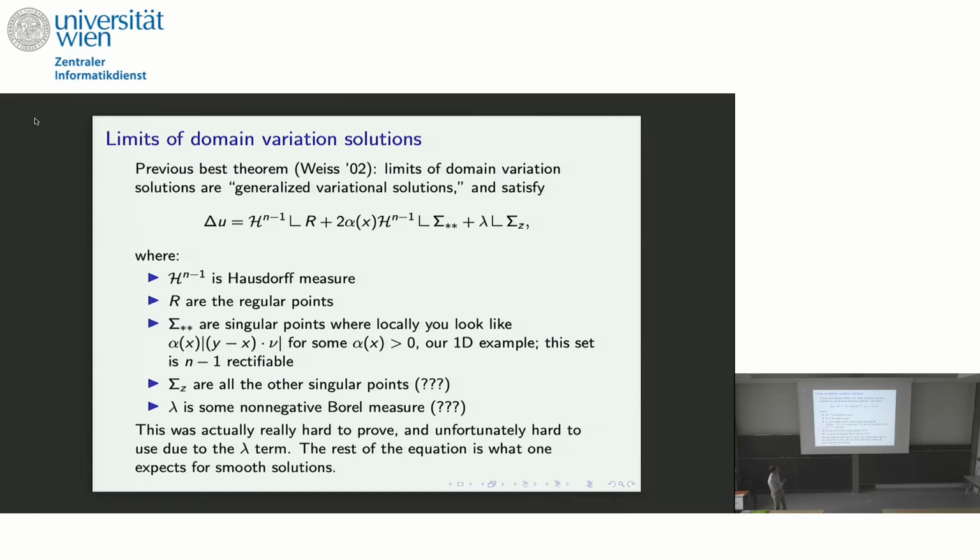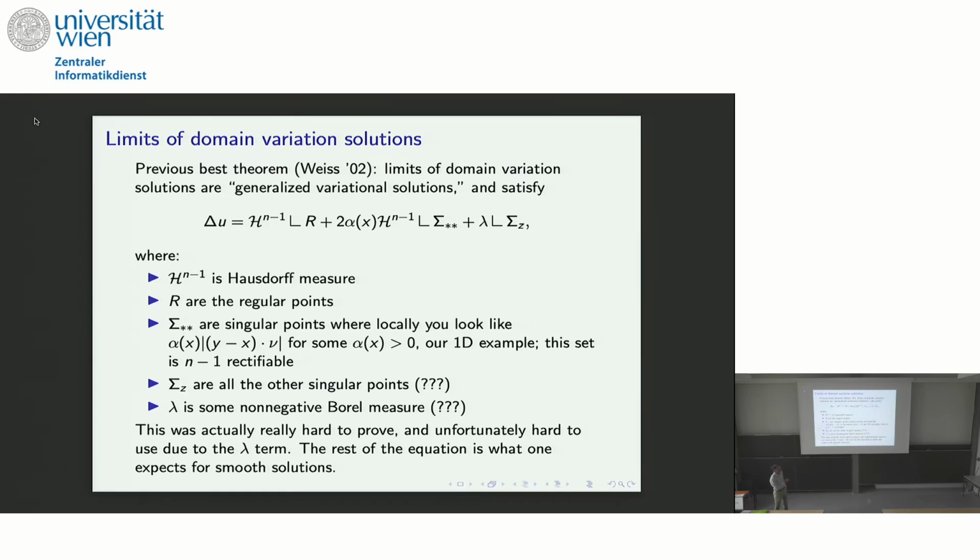So what Georg proves in this paper is that this is a set which is n-1 rectifiable. So the part of the measure supported on this is what you would expect if you actually had points like this. So it has a multiple 2 because you have the same slope from both sides.